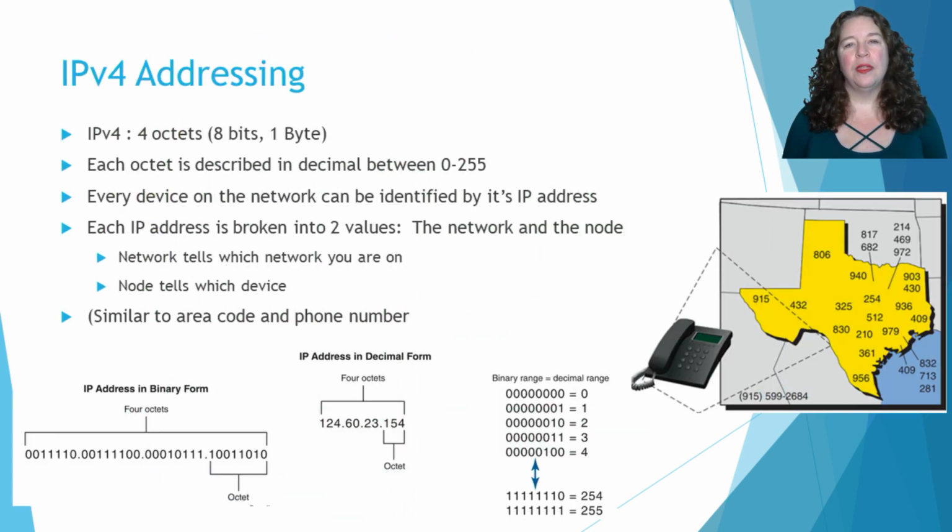Okay, so the best way to start with TCP/IP is to start with IP, Internet Protocol, and IPv4, which is the one that most of us are most comfortable with. Most of the time, if you type in ipconfig or something like that into your command prompt, you will see a 4-octet IP address. Octets are 8 bits or 1 byte, hence the word octet, oct being 8.